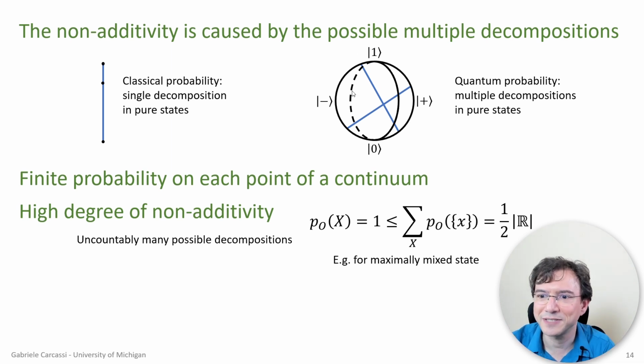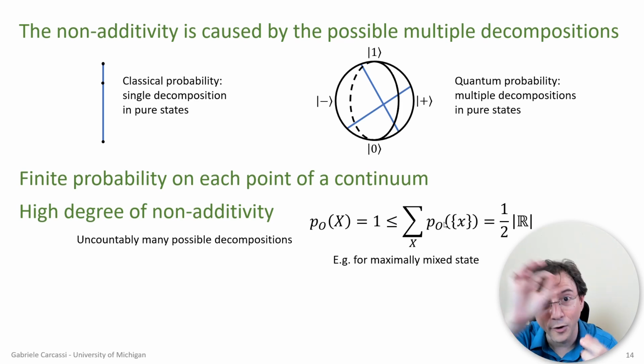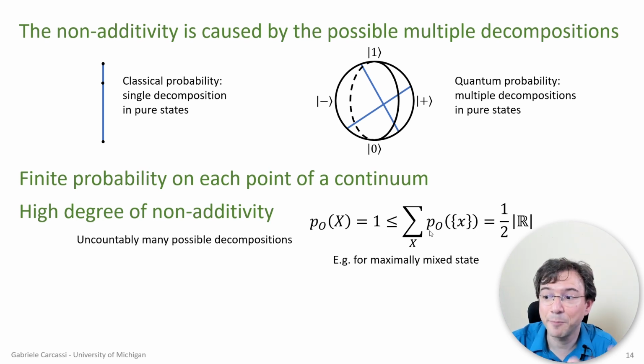And I want to stress that the degree of non-additivity is really, really high, because again, if we take the probability of the full set for the maximally mixed state, the point in the middle, that has to be 1, because it has to be 1 for everything. And this has to be less than the sum of the probabilities for each point on the surface. For each point on the surface, we saw that the probability of getting any point is 1/2.